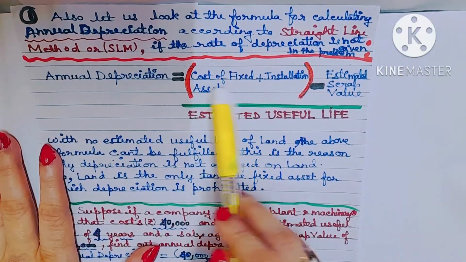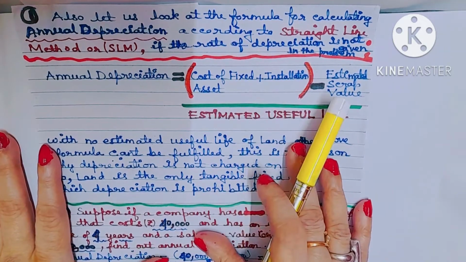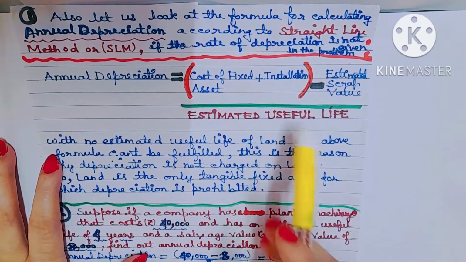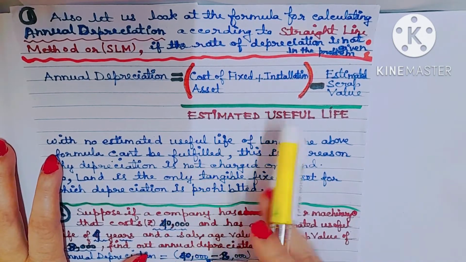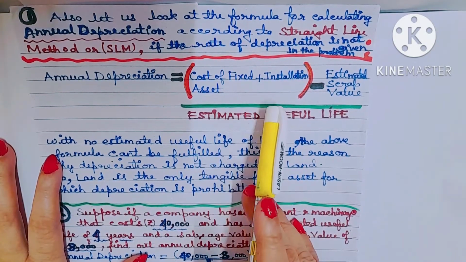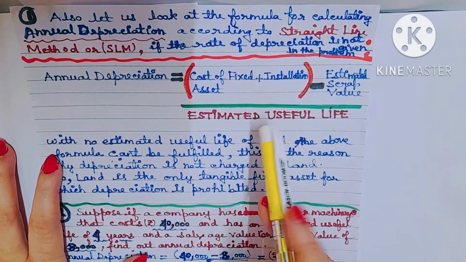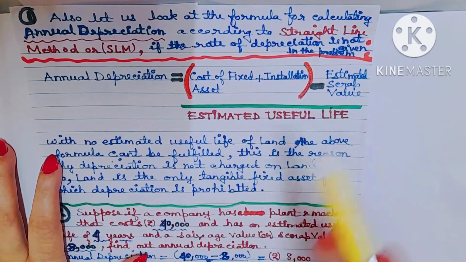Now what is cost of fixed asset? Suppose the purchase price of the asset is 40,000. Okay, but there are other expenses related to the asset also, like freight, transit insurance, duties or installation charges.